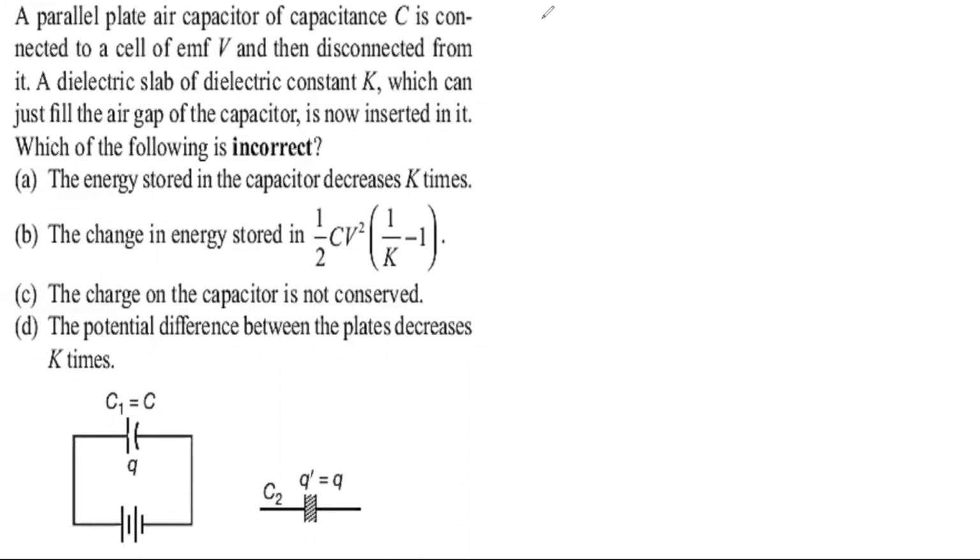So this C is nothing but capacitance in vacuum, right? Now this capacitor is connected to this battery of EMF V and then disconnected. So when it was connected to this battery, it was acquiring certain charge.